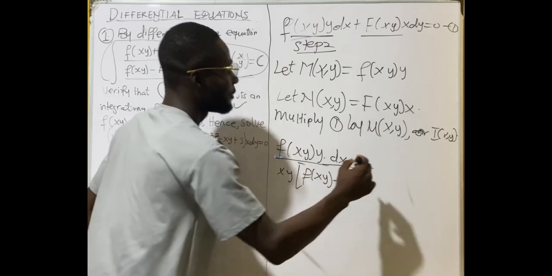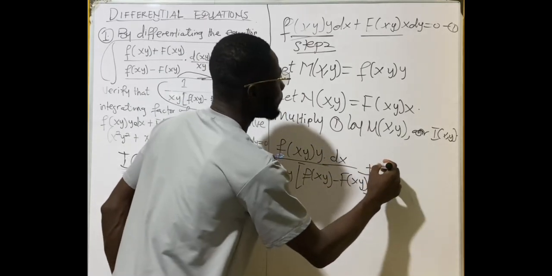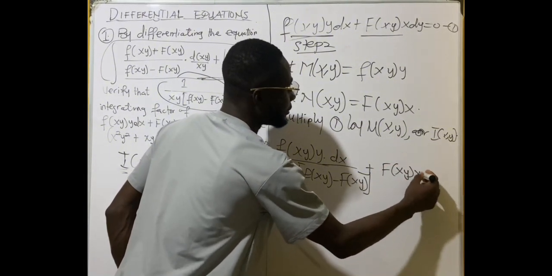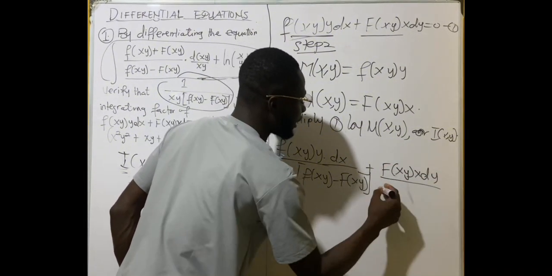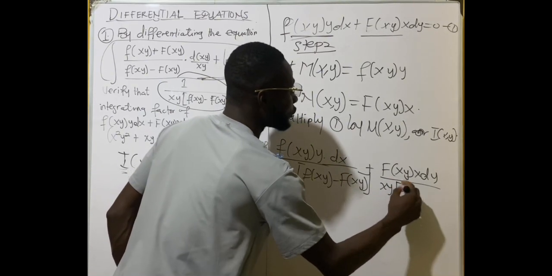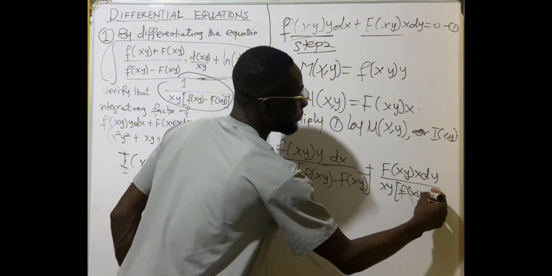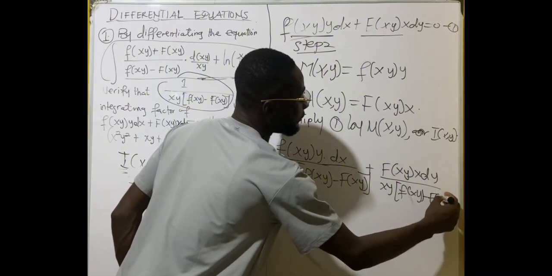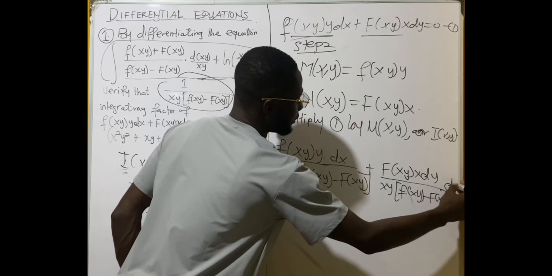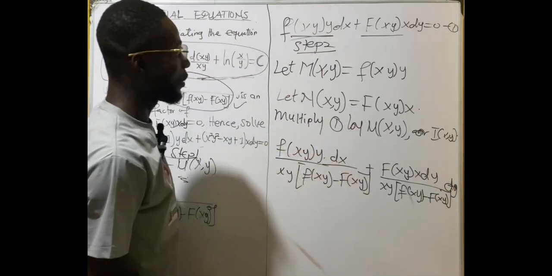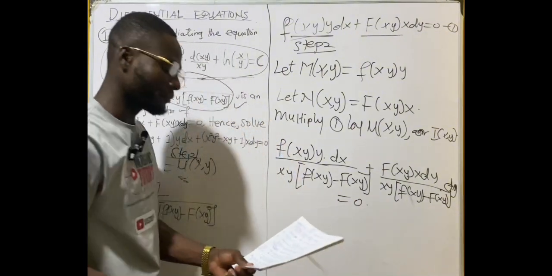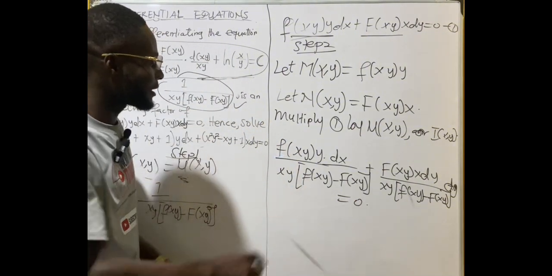Plus big F of xy times dx, all divided by xy small f of xy minus big F of xy times dy. Okay, so that should be equal to what? 0. All right, so now let's simplify that.